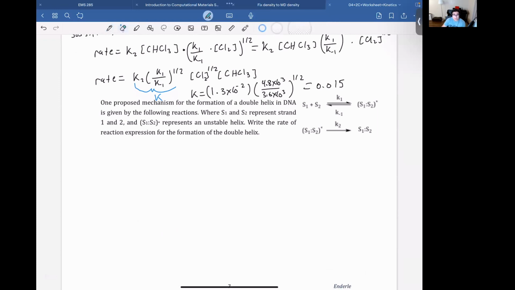Next says, one proposed mechanism for the formation of double helix in DNA is given by the following reactions, where S1 and S2 represent strand 1 and 2, and S1 colon S2 star represents an unstable helix. Write the rate of reaction for the formation of a double helix.